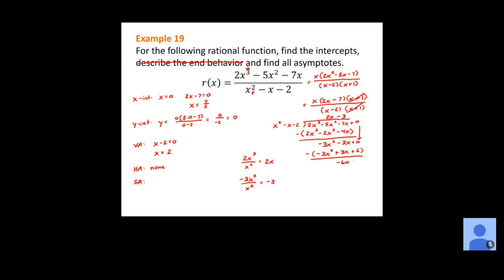So now we have 0 minus 6 is going to give us a negative 6. Now, can we go any further? No. Negative 6x is not divisible by x squared. We're done. What is our slant asymptote going to be then?